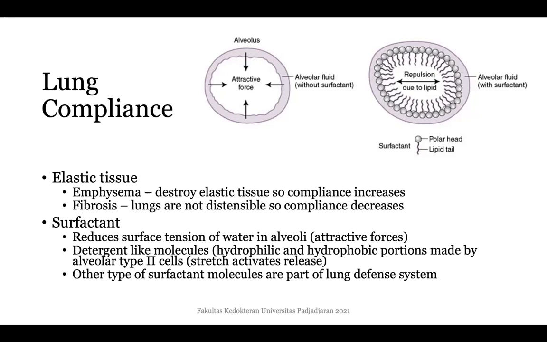It has a hydrophilic and a hydrophobic portion, which is what helps it reduce the surface tension of water. Every time we breathe, we expand the lung, and we have to combat the surface tension of water. We have to overcome that force. The surfactant reduces the surface tension so that it doesn't require as much force to open the lung.